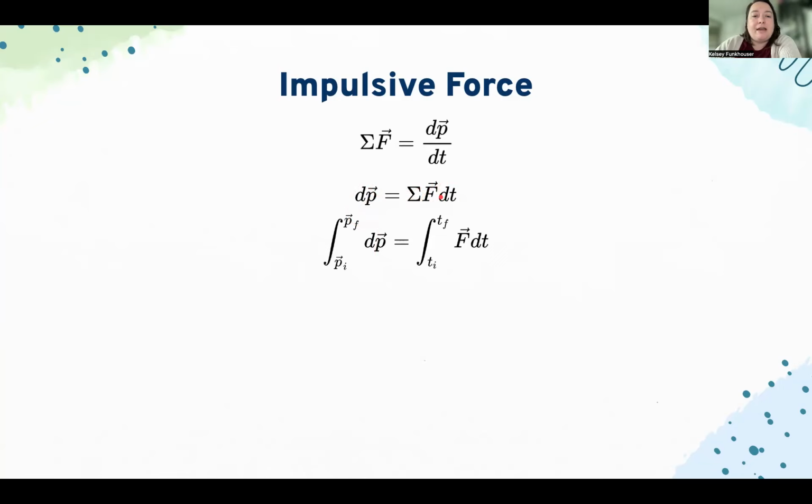And now we can just integrate both sides over the time of the collision. And for the momentum, that is going from the initial momentum to the final momentum. And for force with respect to time, it's going from the initial time to the final time. And then this integral of force with respect to time of a collision is what we call impulse. It's given by capital J.